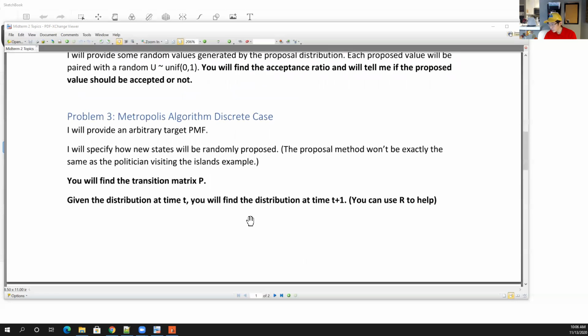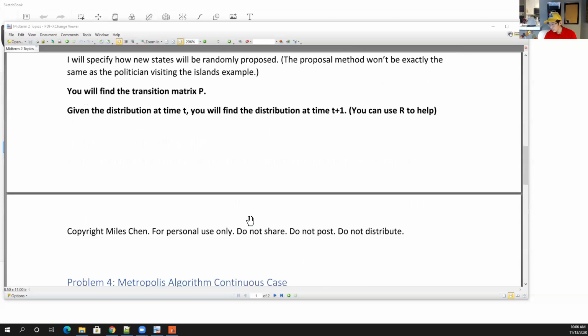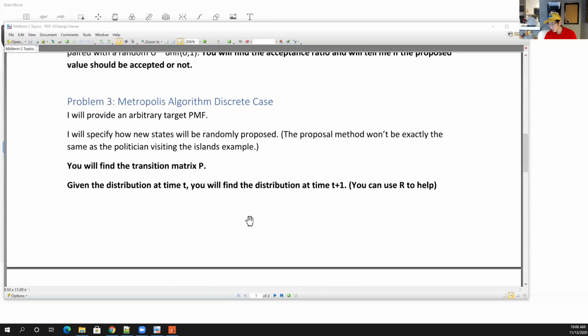And then parts 3 and 4 are Metropolis Algorithm, the discrete case and continuous case. And this is where you have homework currently assigned. And I think if you do your homework and you pay attention to what's happening, don't just focus on writing the code, but also think about how the thing works, I think that will be helpful in preparing for the exam.